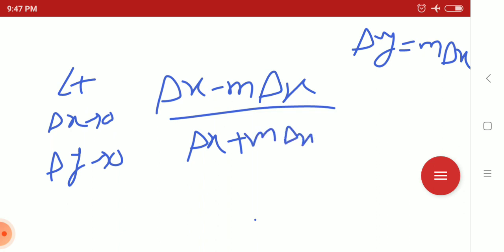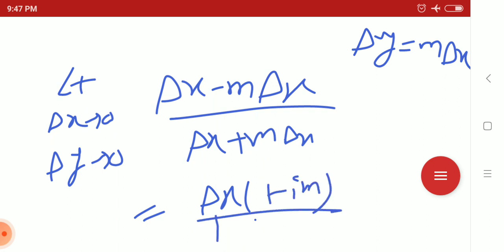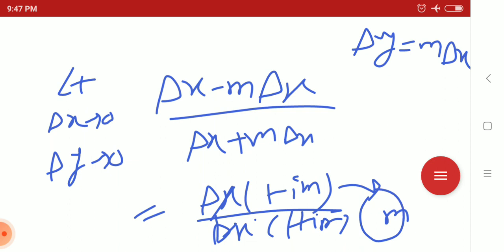If you take delta x common, you will get 1 minus iota m divided by 1 plus iota m. So here you are getting that it depends on m. Now I have to tell you one important theorem.